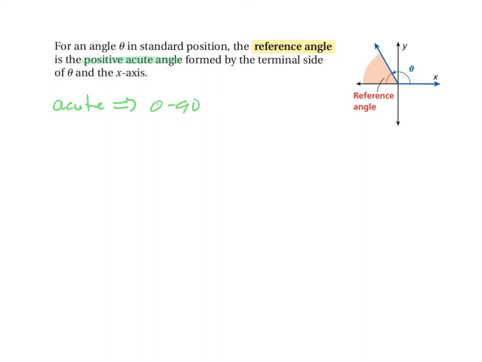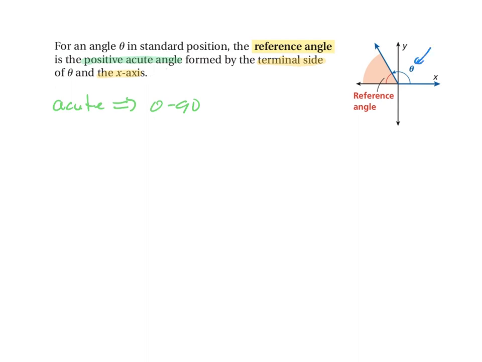And our reference angle is formed by the terminal side and the x-axis. So wherever that terminal side ends up, we want to fold straight down to the x-axis and figure out what that angle is. You can see that clearly in this picture. When you draw the angle, theta is the blue part, your typical angle of rotation.